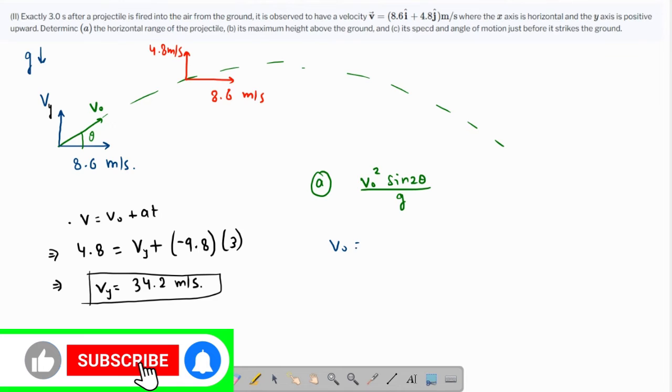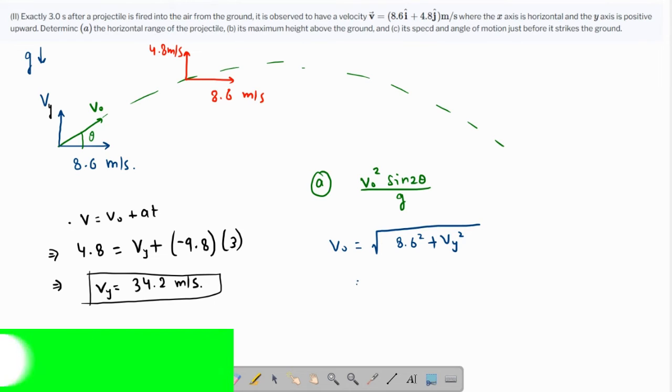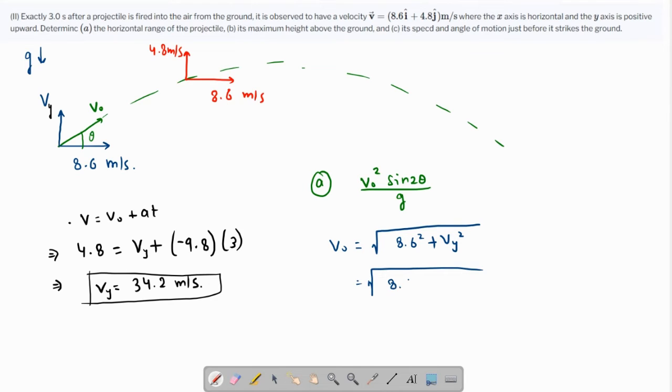V naught will be the square root of 8.6 square plus Vy square, so the square root of 8.6 square plus 34.2 square, which is 35.26 meters per second. This is v naught.